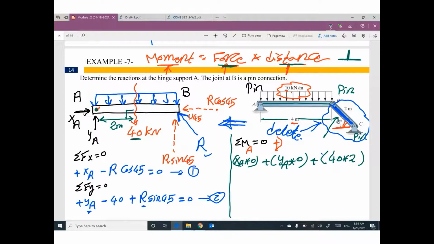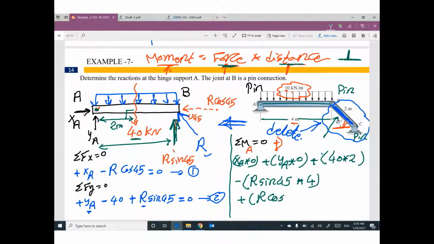What else? R sine 45 degree, negative, opposite direction, times what distance? What is the distance between this component and the point A? What is the horizontal distance? 4. What else?